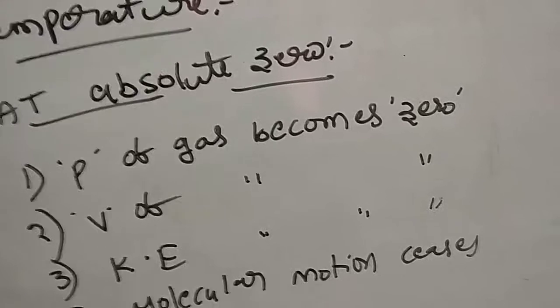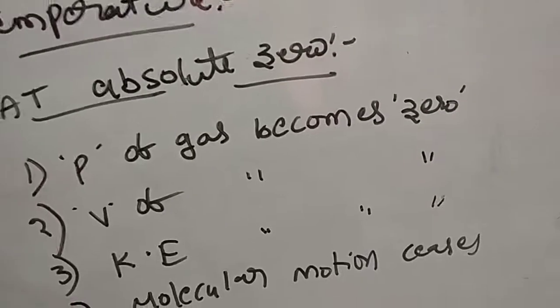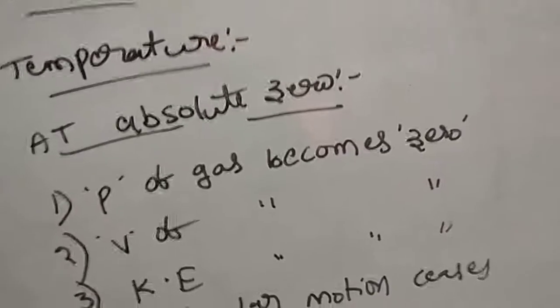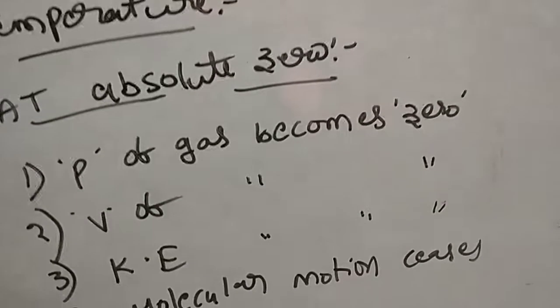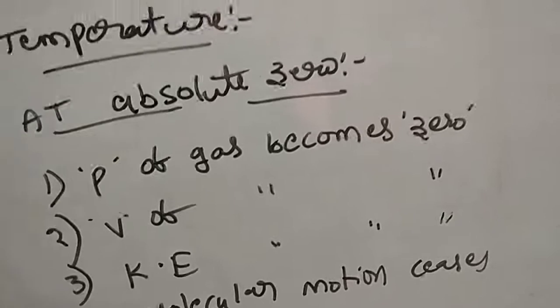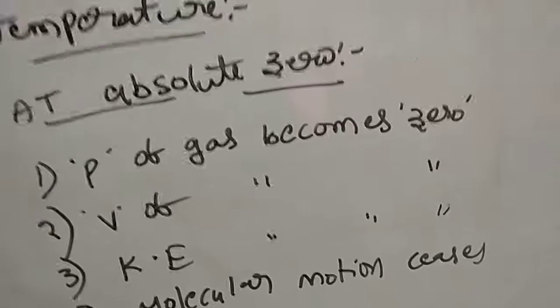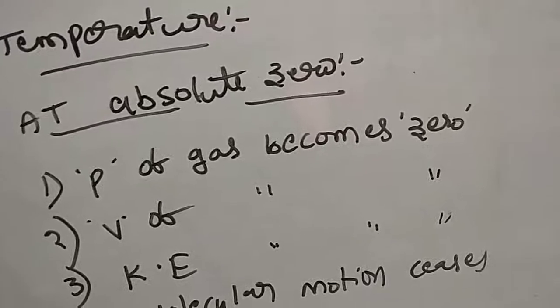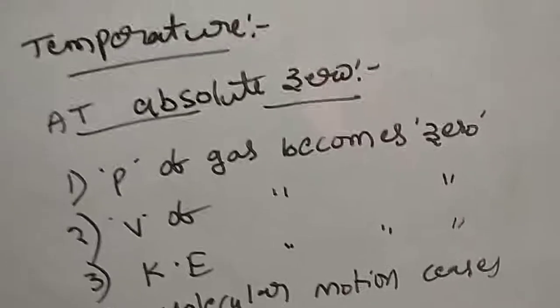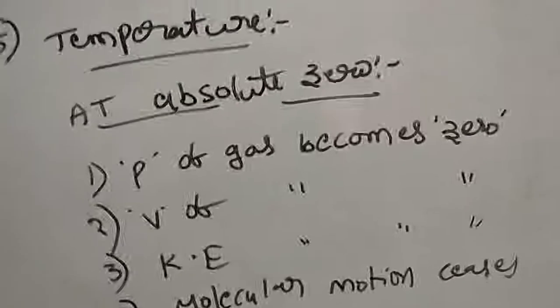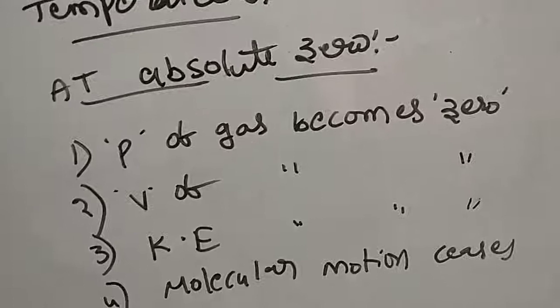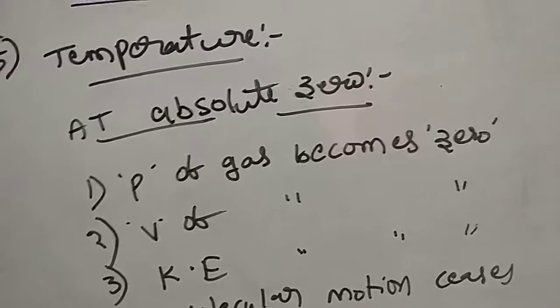Sometimes to get the concentration we have to use the molarity formula, and they won't give the molarity directly, so we have to use PV equals nRT. That's why gaseous state is a very important chapter. I have gone through all the basics required for physical chemistry.